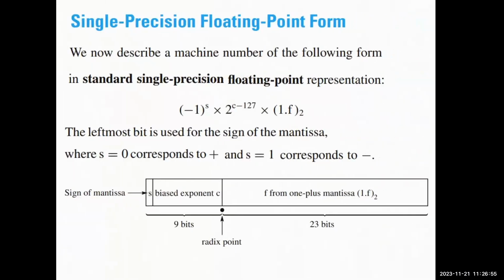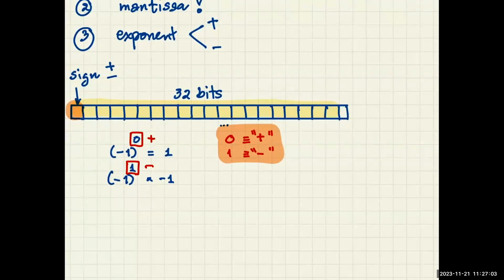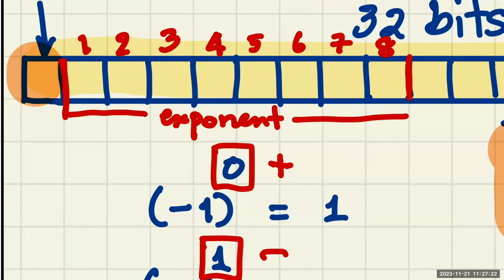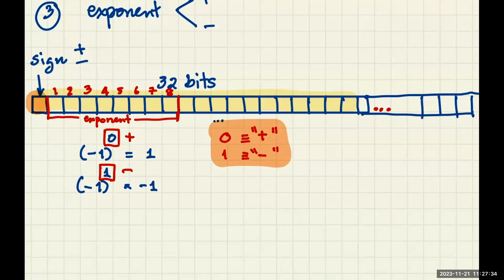For the standard one, the first bit is already assigned, and then the other 8 bits are for M, the exponent. The rest will be the mantissa.